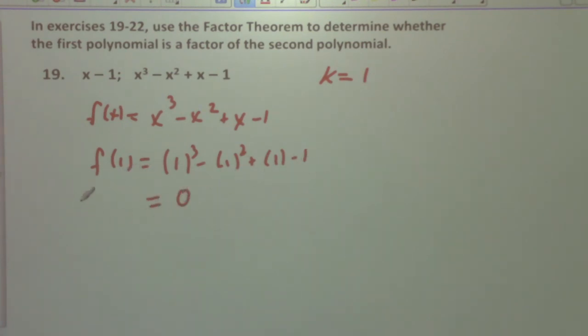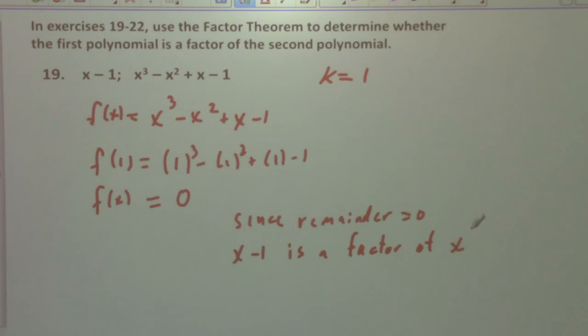So since remainder equals 0, x minus 1 is a factor of x cubed minus x squared plus x minus 1.